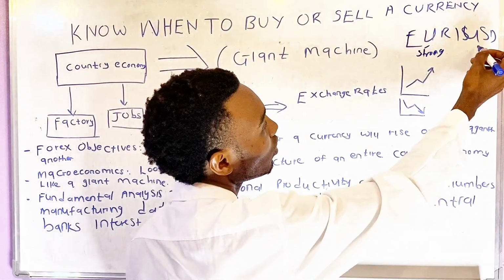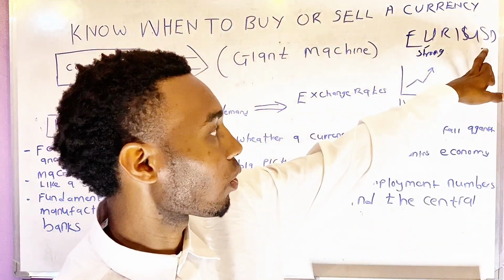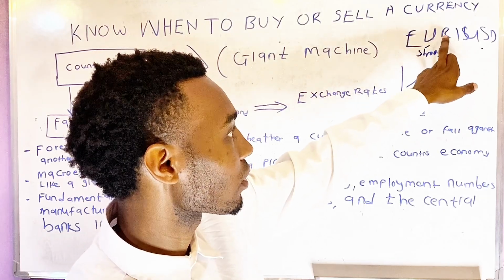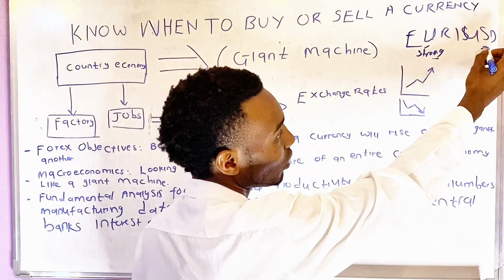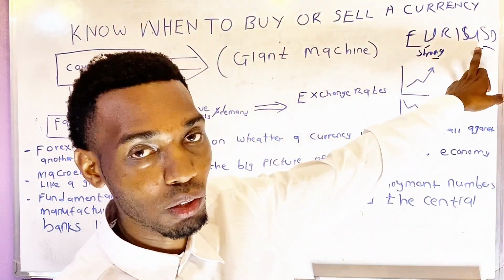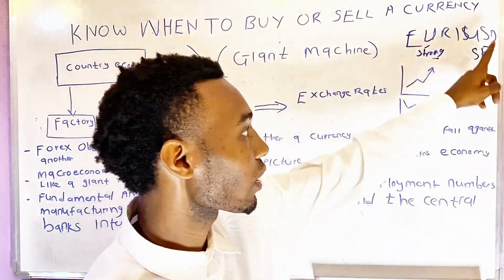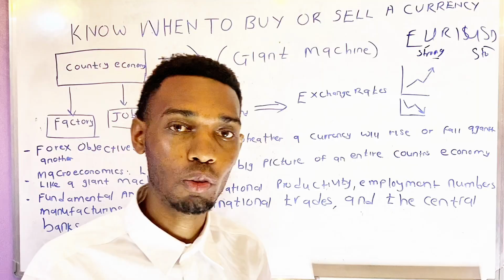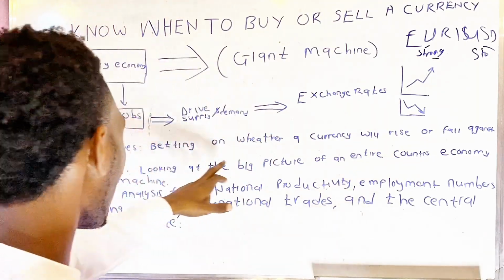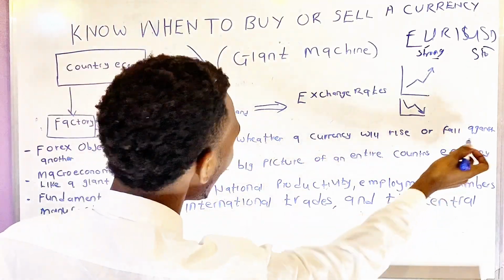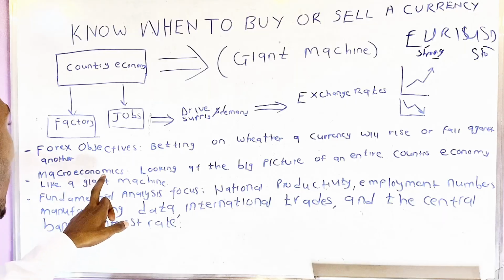When you buy, this one is strong, this one is weak. Now if you decide this USD is going to be strong, now you sell USD. That is how you make profit through forex objectives, betting on whether a currency will rise or fall against another.